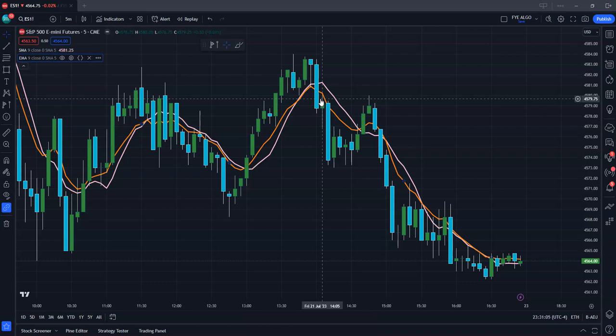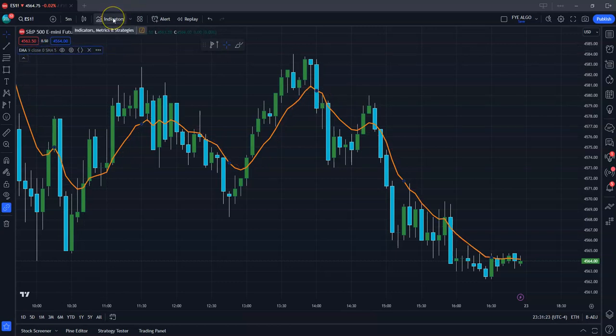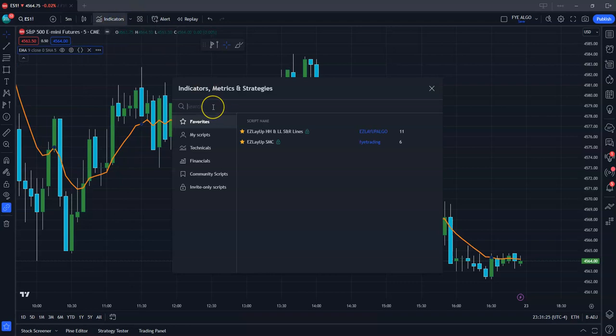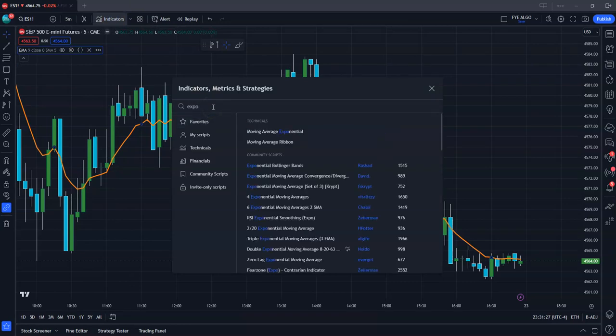Now, that being said, I want to take a look at some other EMA strategies that people like to use. We're going to look at 2 different crossovers that are primarily used more often than not, and ones that I also like to use. So we're going to leave this 9 EMA on orange, take this SMA off, and go back to indicators, go to exponential again, and add that.